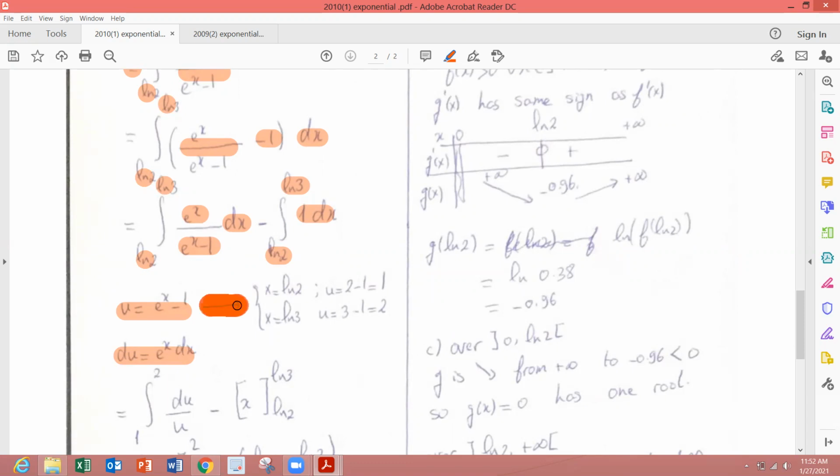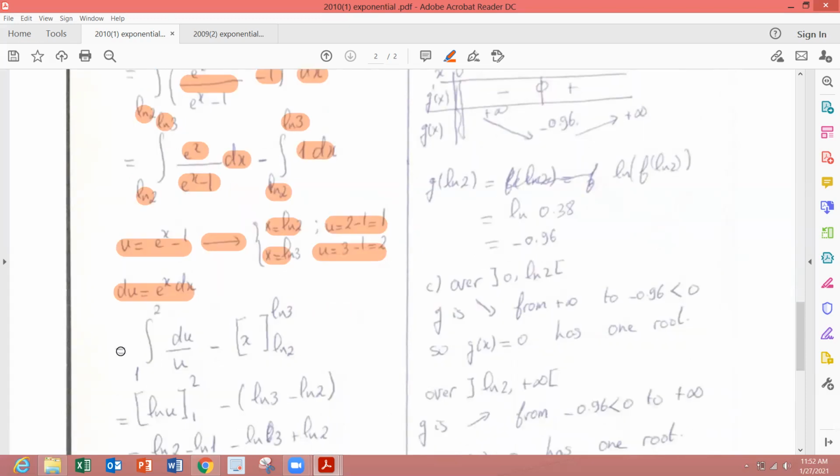We change the bounds. If x equal ln 2, u equal e^(ln 2), which is 2, minus 1, then u equal 1. If x equal ln 3, u equal e^(ln 3), which is 3, minus 1, then u equal 2.